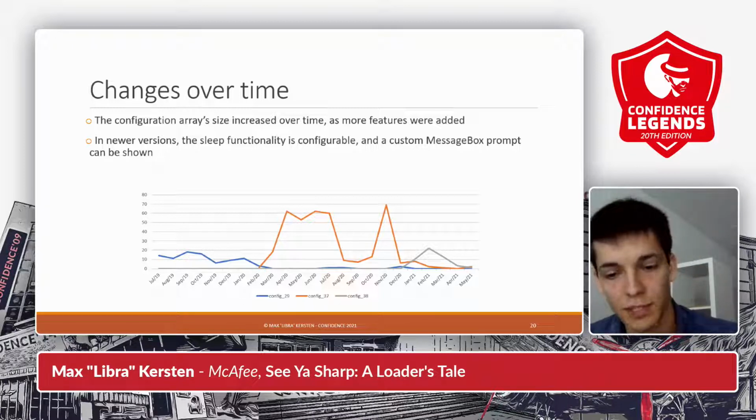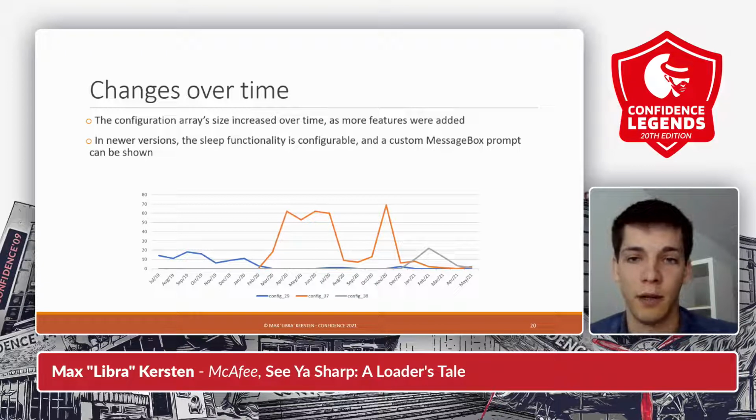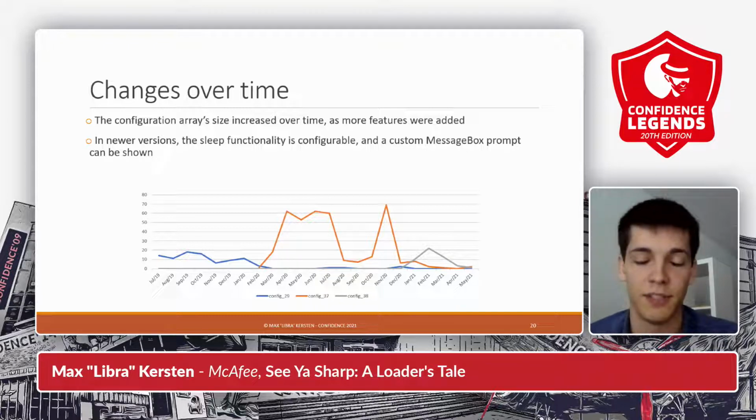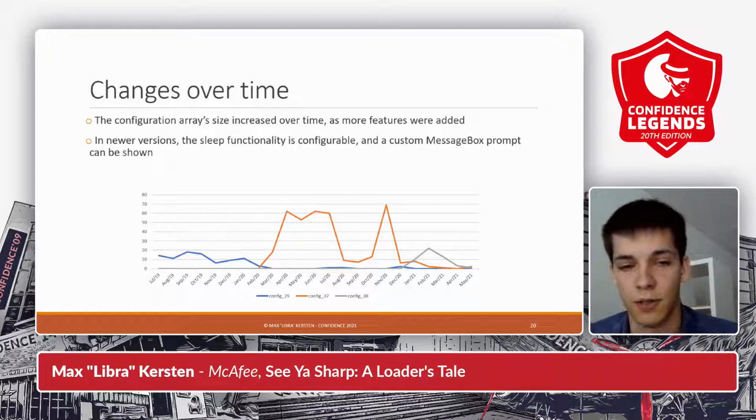So these new fields within the array also provide options for new functionalities that they added. In the screenshot I shared early on, the sleep was always present, between 45 and 60 seconds based on a random value between those.